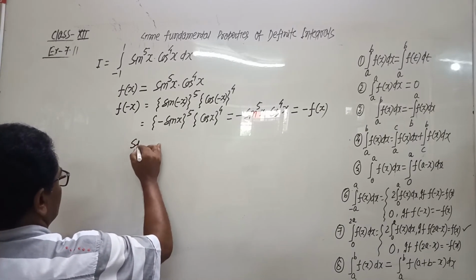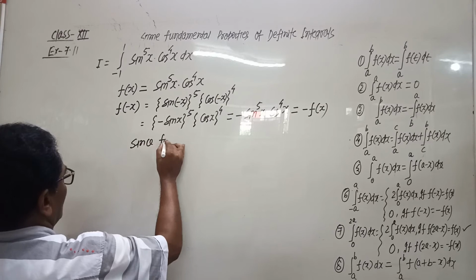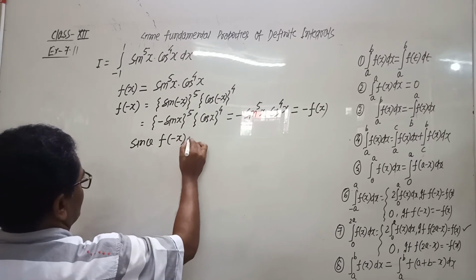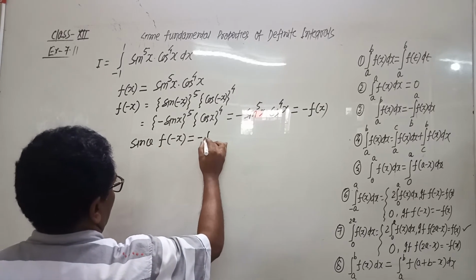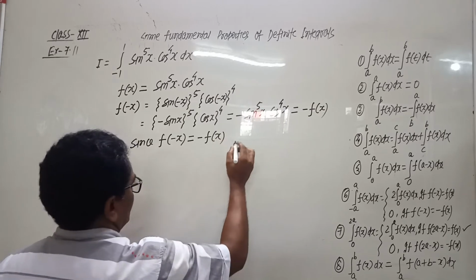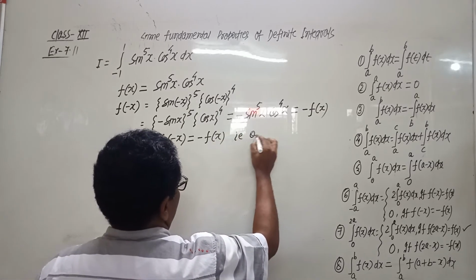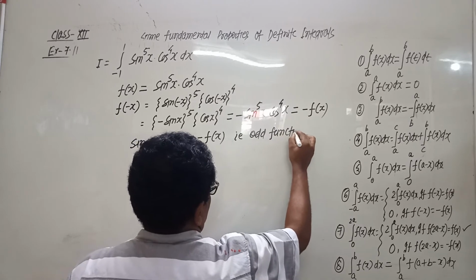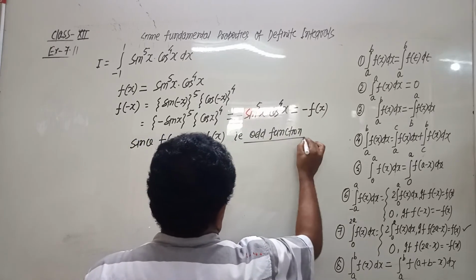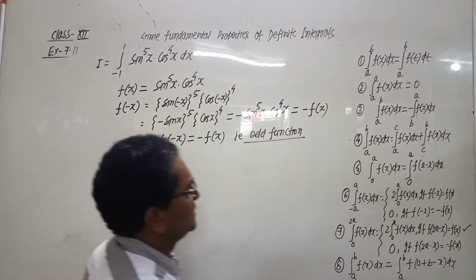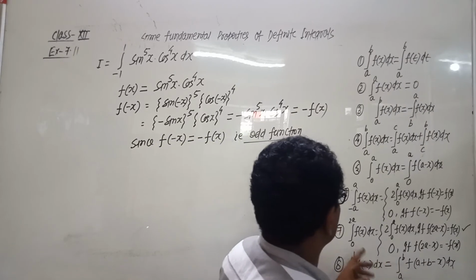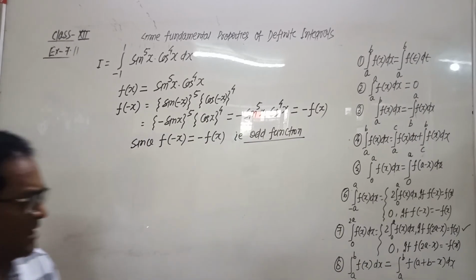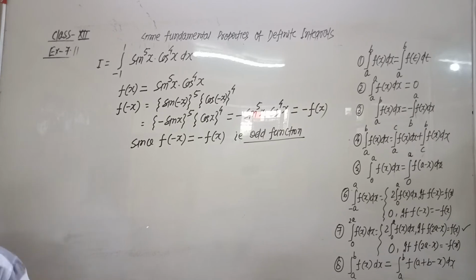So since f of minus x is equals to minus of f(x), that is an odd function, and for odd function, integration minus a to a f(x) dx becomes 0.